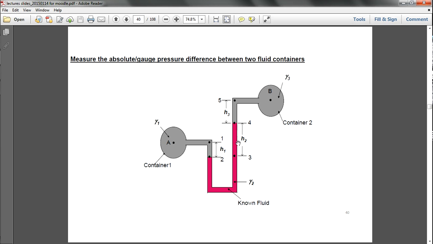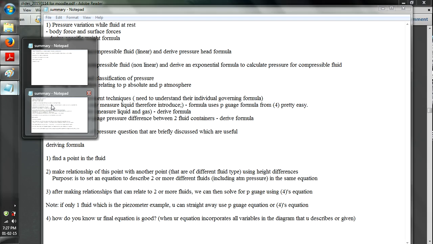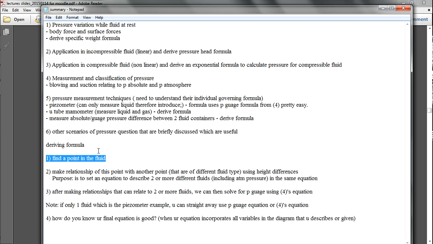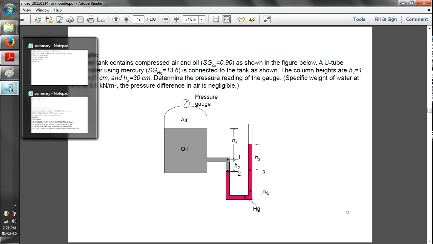Typically, the question labels all these things for you, so what you have to do is determine where the points are, the relationship of each point with another point, and make equations with all the points given, so that you can find P gauge.